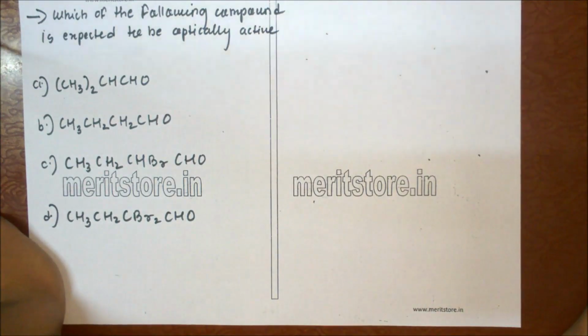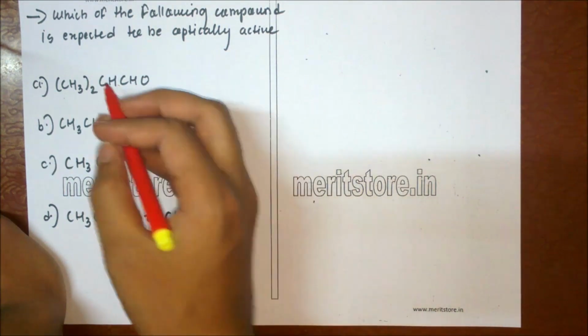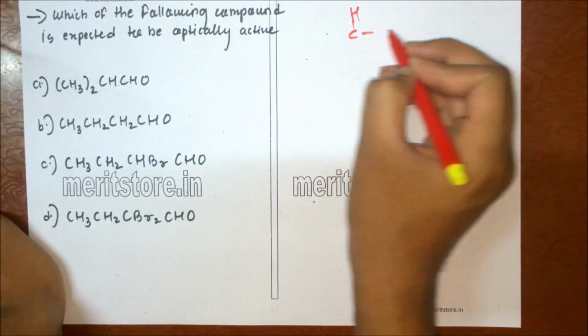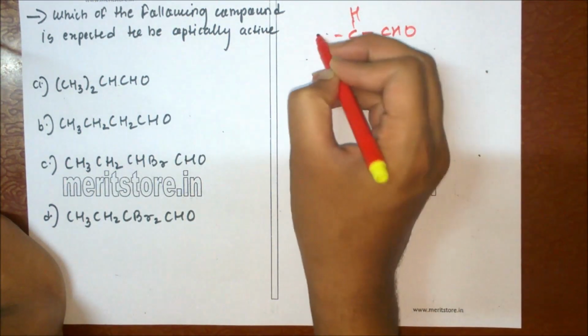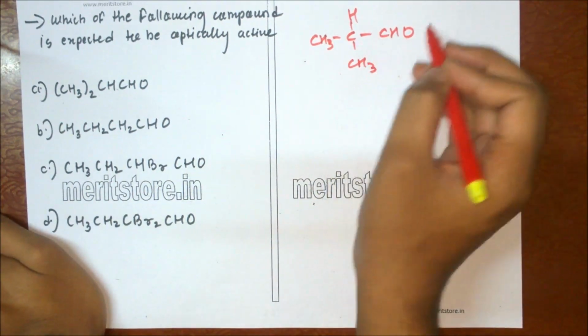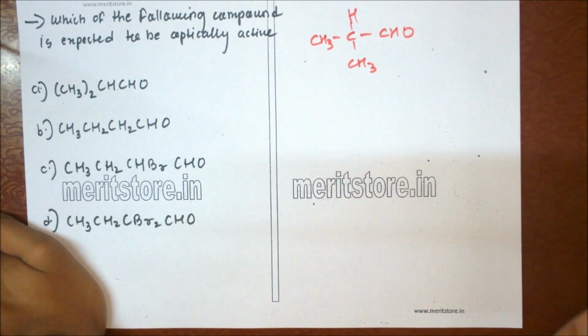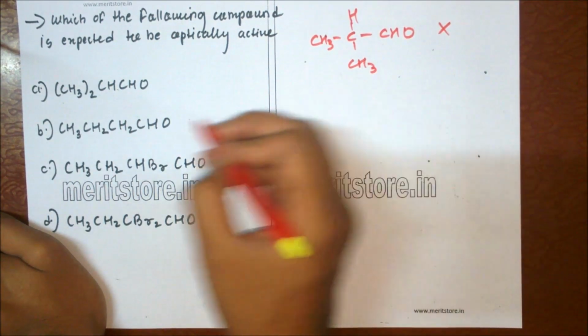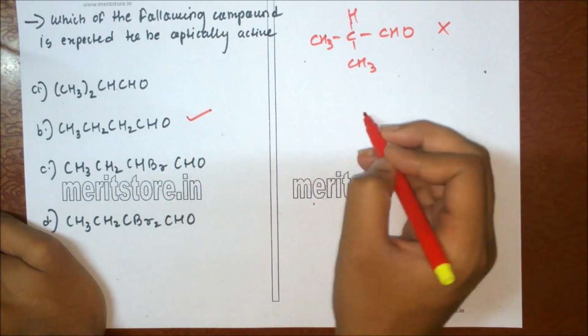Which of the following compounds is expected to be optically active? In the first structure, the carbon is attached to hydrogen, an aldehyde group, and two CH3 alkyl groups. The carbon atom does not have all four substituents different, so it does not show optical activity as there is no chiral center. The same goes for the second one.